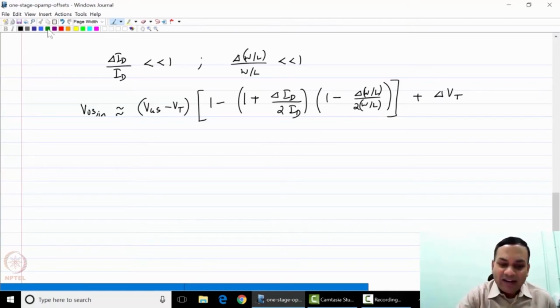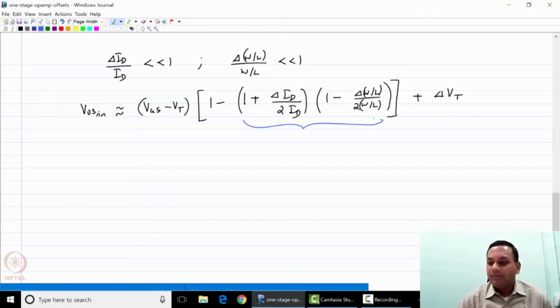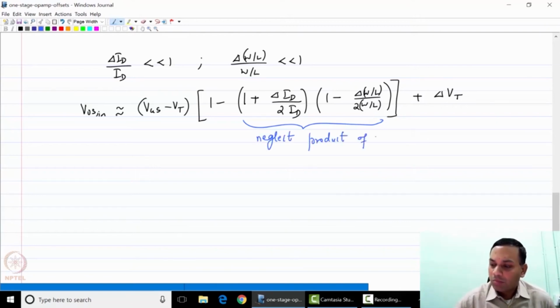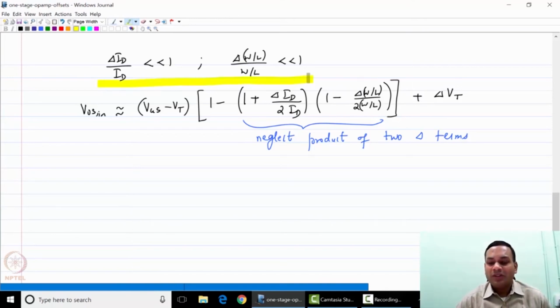Now we can expand the term here, and we will also neglect the product of two delta terms. So we will assume, because this is true, that delta ID by ID times delta W over L over W over L is so small that it can be neglected.